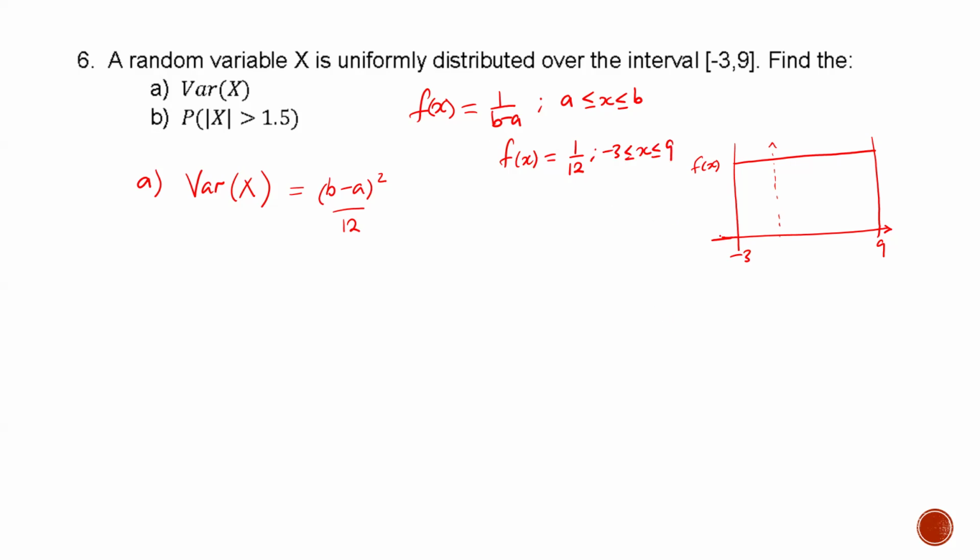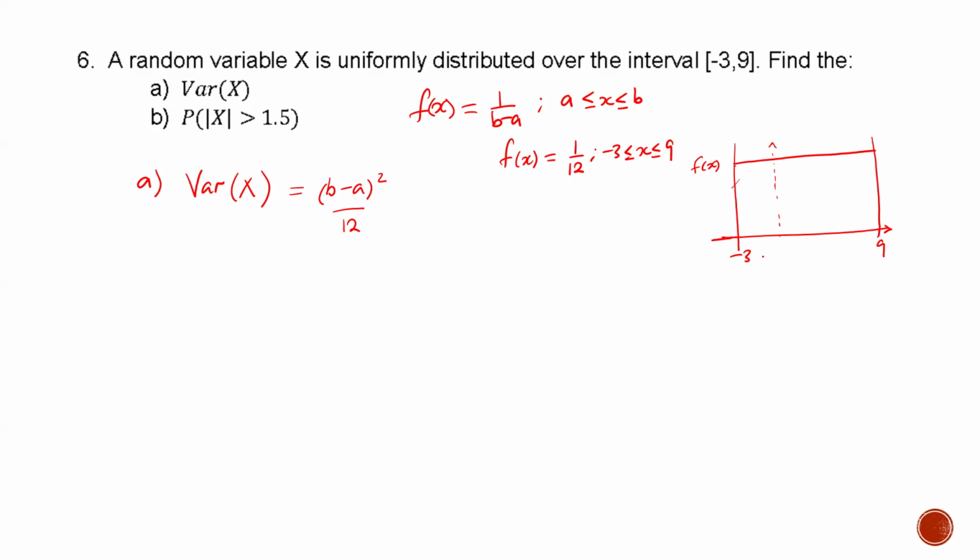The reason it's 1 out of b minus a is because since it's uniform, the total area under the curve has to be equal to 1, because total probability is equal to 1. For those in S6, you know that for a continuous random variable, the area under the curve is given by the integral.